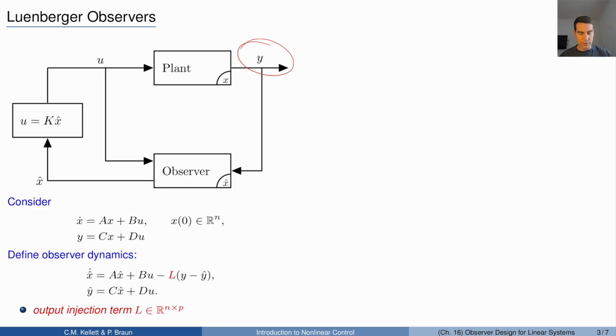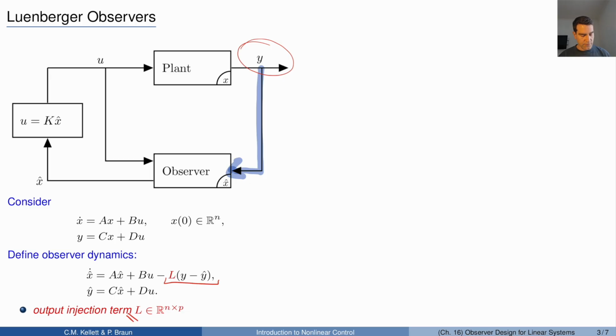But what we can do is, well, we can use that information here and also use the output y as an input to our observer. In particular, we introduce this additional term here, taking the mismatch between the actual output and the estimated output into account.